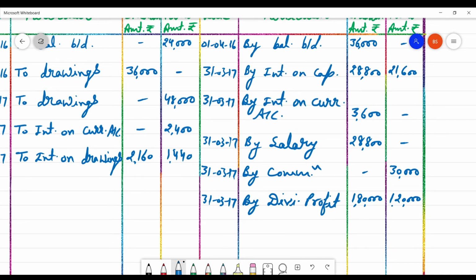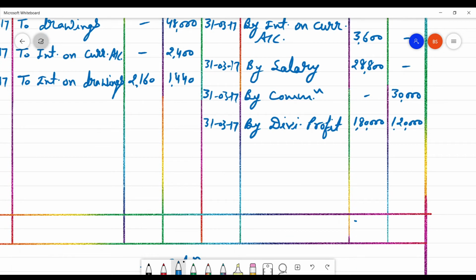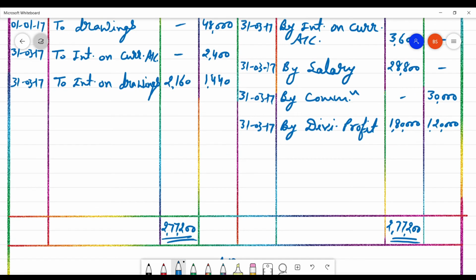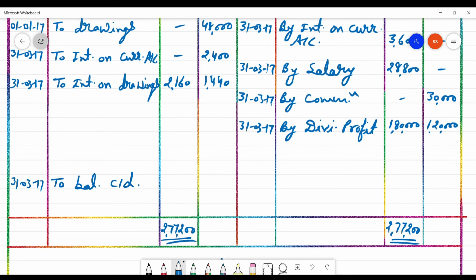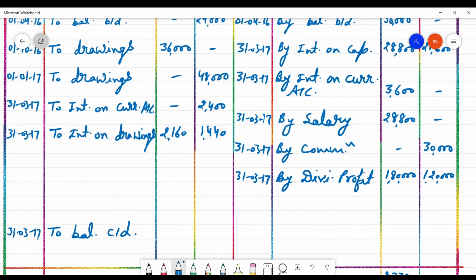It will be 2,77,200. And we will deduct the debit balance of Bhadresh from here, and we will get the closing balance of the current account to balance carried down. So we have to deduct minus 36,000 minus 2,160. The amount will be 2,39,040.